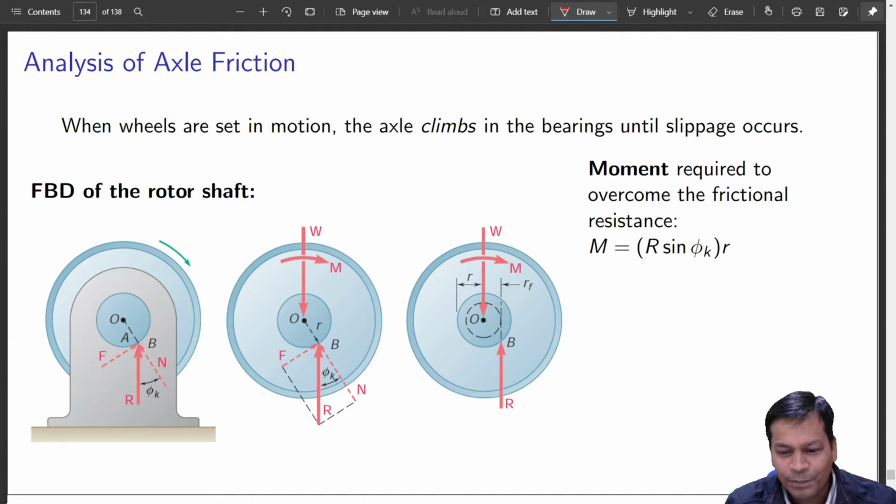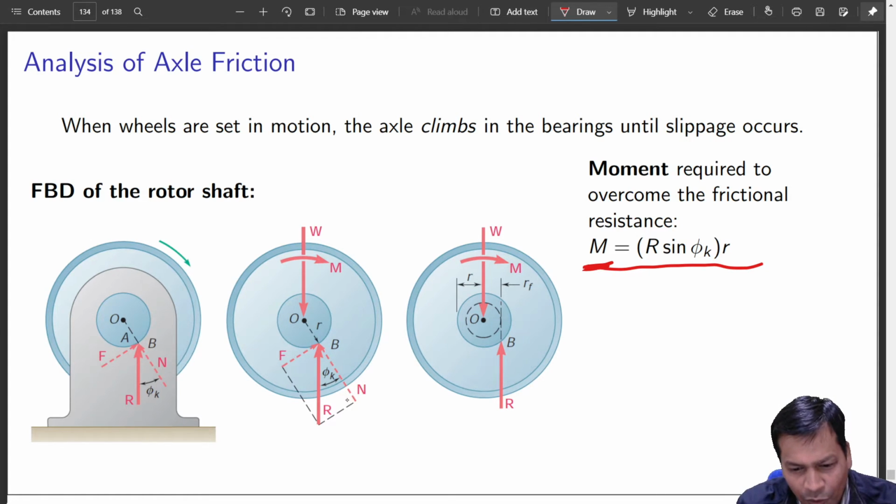So what will you do here? It is directly equal to the moment. If you take it this way, it should be equal to R sin φ times the small radius r.